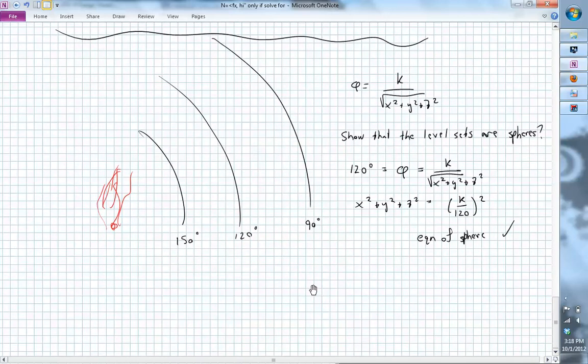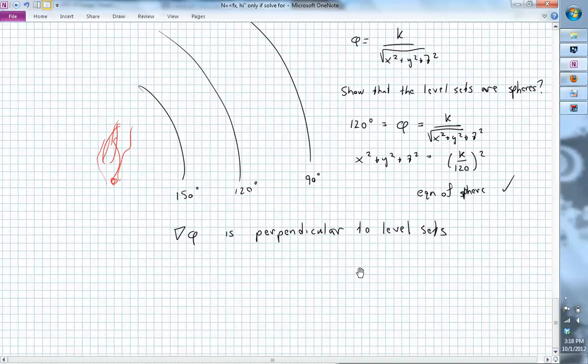All right, our observation about the gradient then says that the gradient of phi is perpendicular to level sets. Well, let's see what the gradient of phi is.